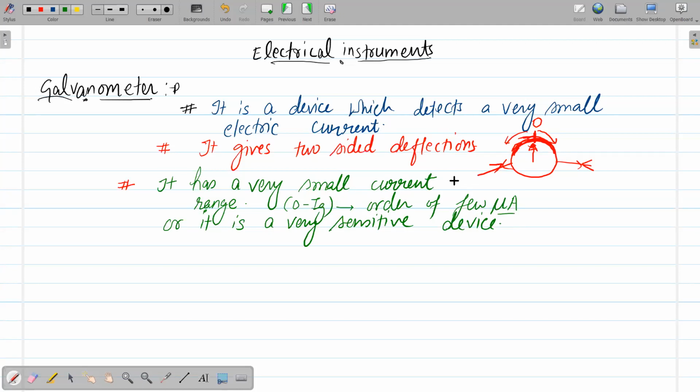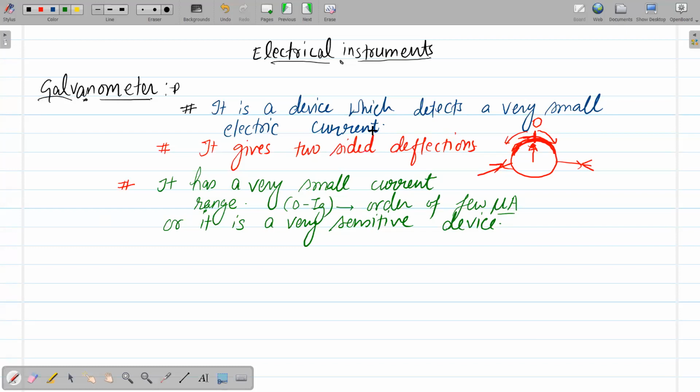Clear to you all? On which principle it works, what happens inside the device, all these things will be discussed in the magnetic effect of electric current chapter. I hope you all are getting this point.